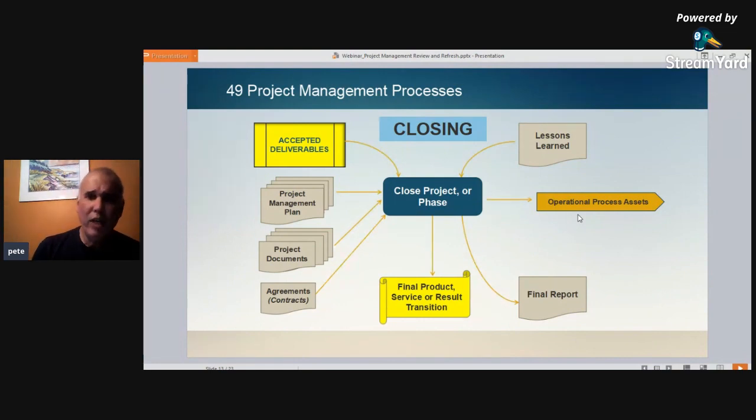And we have a final report. The final report in project closing is the final numbers. Was there a budget variance at completion? Was there a schedule variance at completion? What open issues might there have been that were accepted in our deliverables?